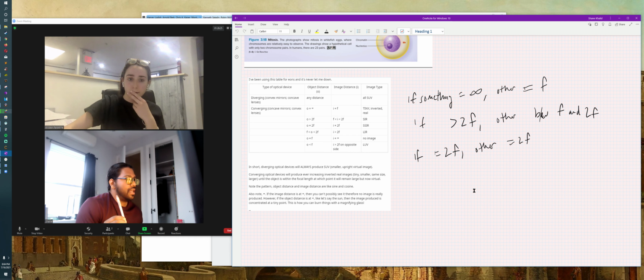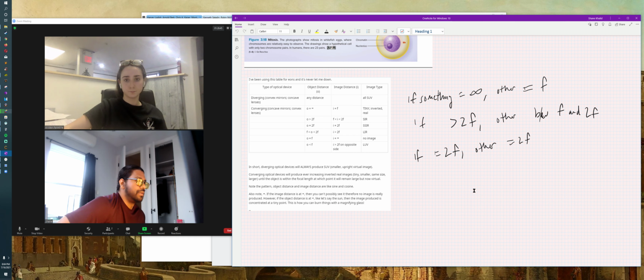And the last thing is, if the object is within the focal length, then the image will be really far, greater than 2f, on the opposite side. So that's when it's going to produce a virtual image. It'll be a larger upright virtual image.